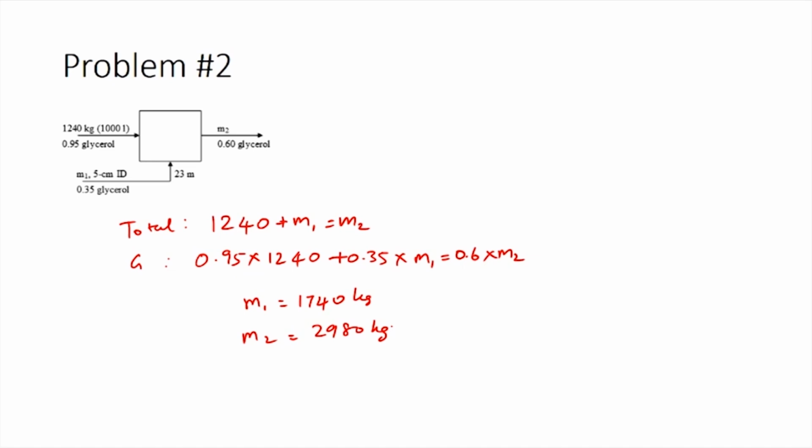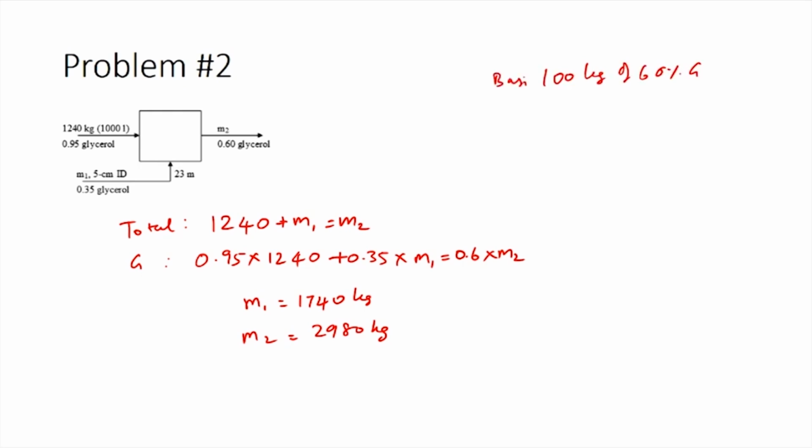The problem requires us not just to calculate the mass of 35% glycerol and the 60% glycerol final solution, it has been asked that we calculate the volume of the final mixture which is 60% glycerol. For that we need to know the density of the final solution. So, using the same technique as earlier, we can calculate the density of the final mixture. Again assume a basis of 100 kilograms of 60% glycerol.